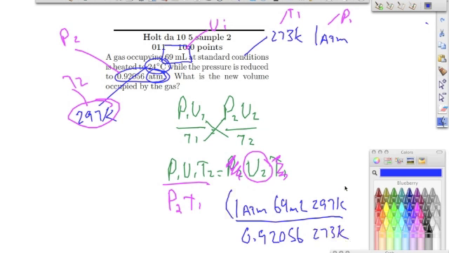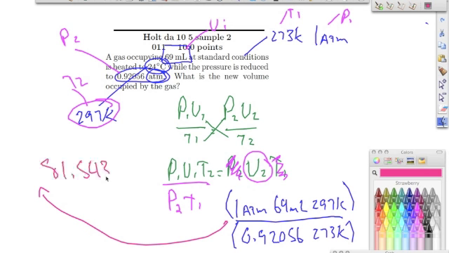And remember to put parentheses around numerator and denominator. Go ahead and plug that into the calculator, and we should get an answer right around 81.5438, and that unit would be milliliters.